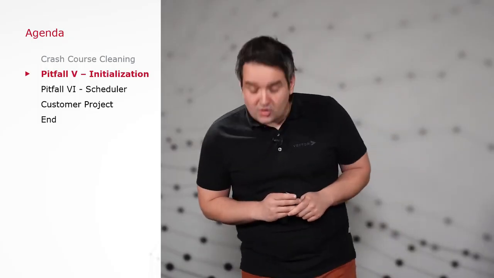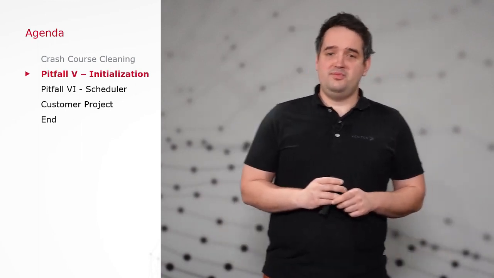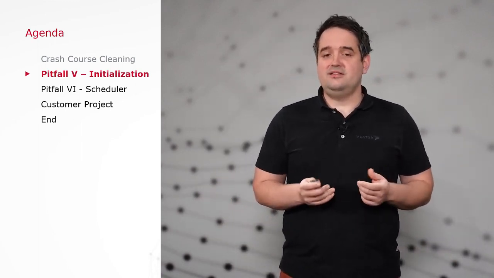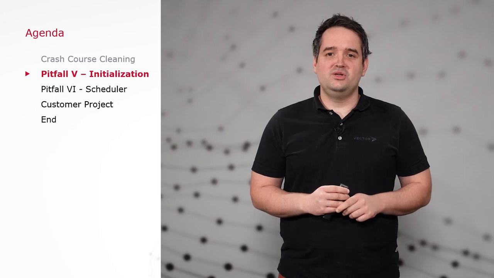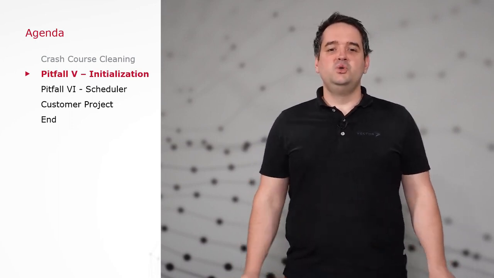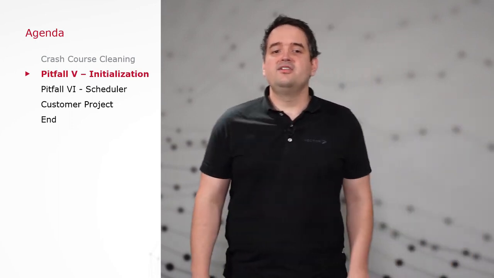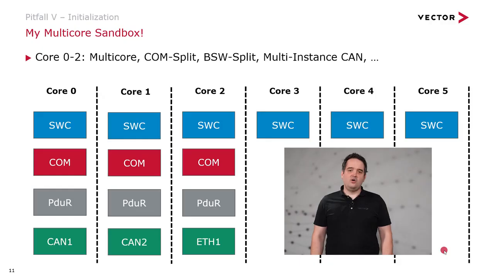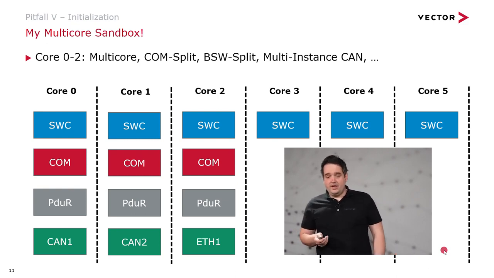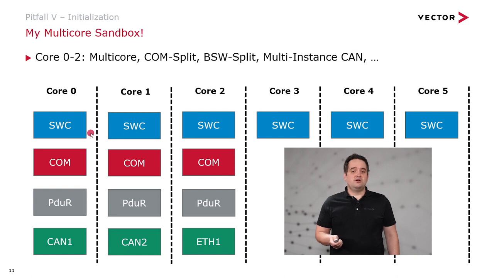That being said, I brought this time two more timing pitfalls, the initialization phase and the scheduling phase of your ECU. Let's go to pitfall number 5, the initialization phase. So, my multi-core sandbox project I brought you for this presentation is pretty simplified. You have a 6-core system where the application software components are integrated on each core.